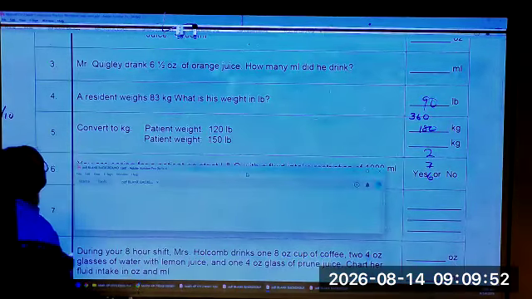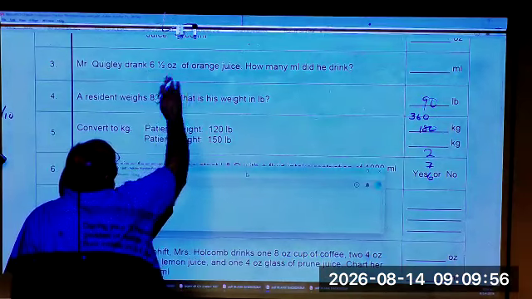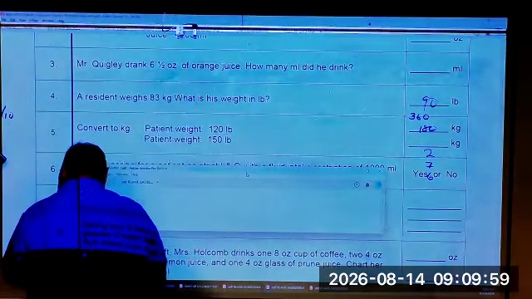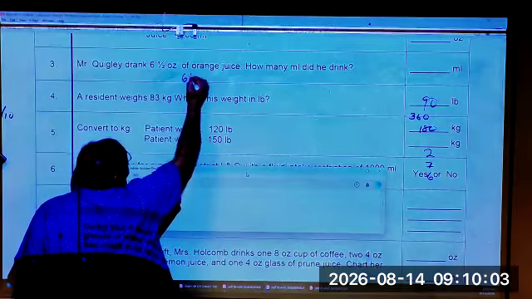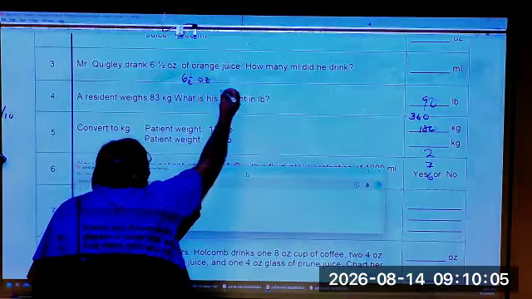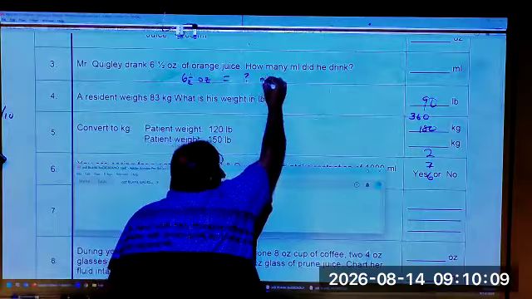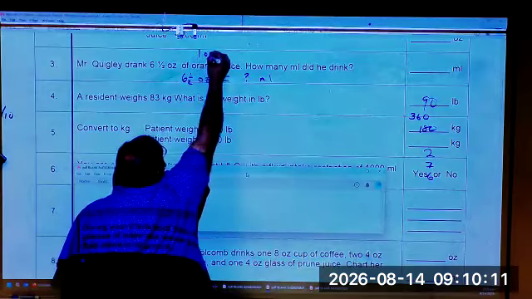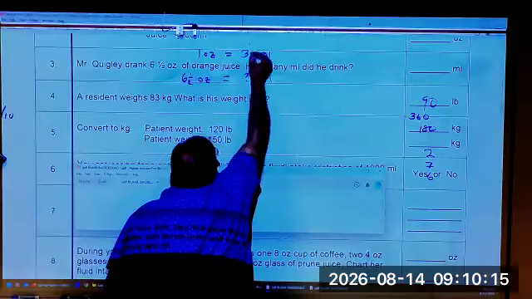Mr. Twigley drank 6.5 ounces of orange juice. How many milliliters? Well, 1 ounce of orange juice equals how many milliliters? 30.